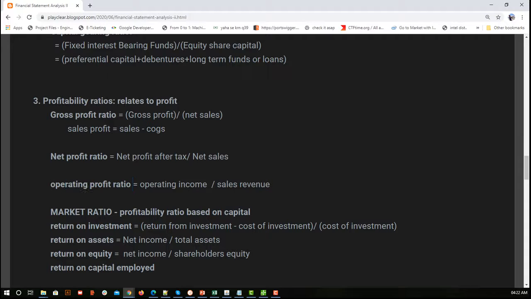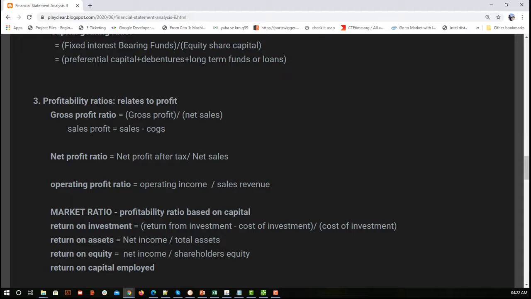What it says is gross profit divided by net sales. So higher gross profit means what? See, I have sold 10 units of goods and got a gross profit of 100 rupees. Similarly, if I sell 20 products and again get 100 rupees, which is better, 100 by 10 or 100 by 20?